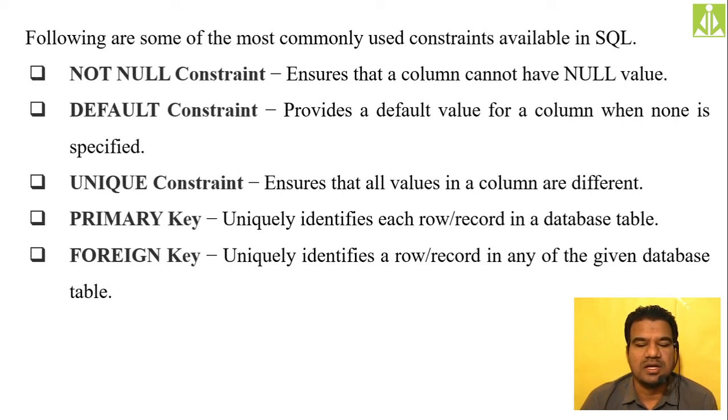Then default constraints: if you're not giving any specific value for a particular column inside a particular record, they will simply give some default value there. The default constraint provides a default value for a column when none is specified. If you're not inputting any value for a particular cell in your database, a default value will automatically be provided. This also we practiced in our last session.